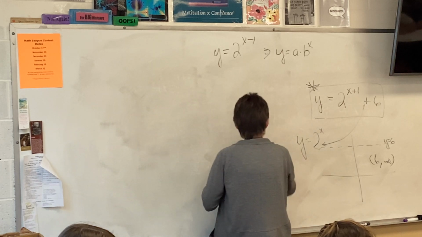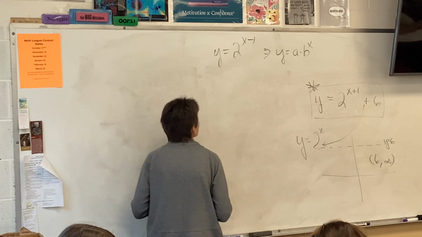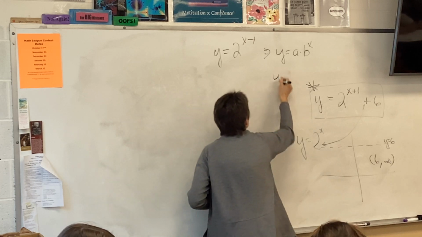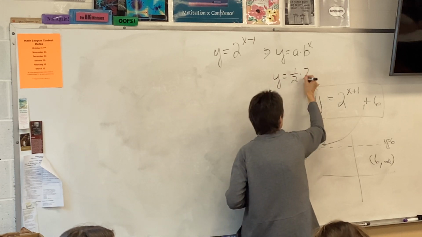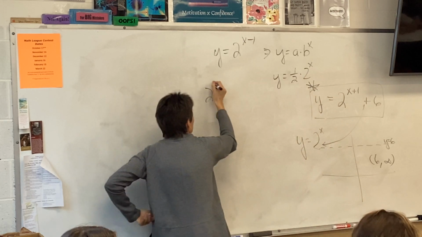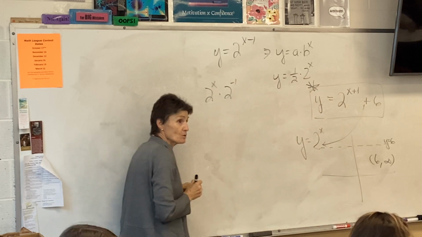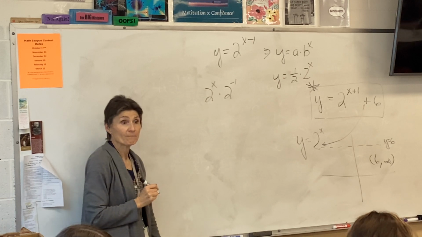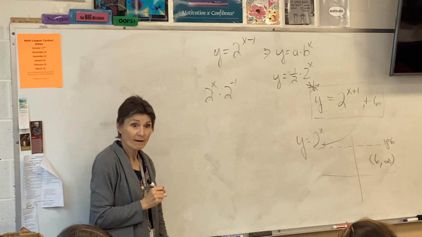Shout it out if you have a plan. 1/2 times 2 to the x. Yep. Because this is 2 to the x times 2 to the negative first. And 2 to the negative first is 1/2.